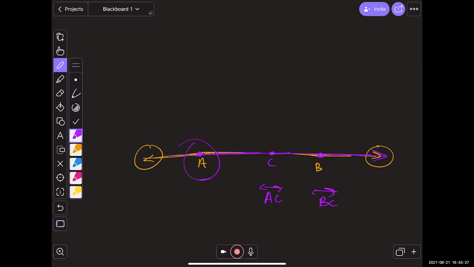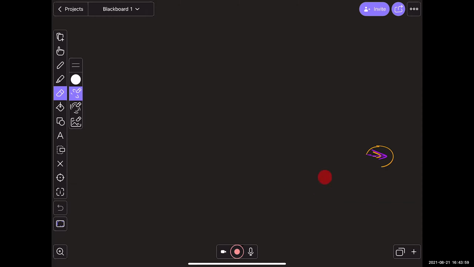They all refer to this one line right here. So even though AC and BC are separate segments of that line individually, we're still going to end up taking up this entire thing. So that's why AC and BC are both referring to the same line here. Okay.